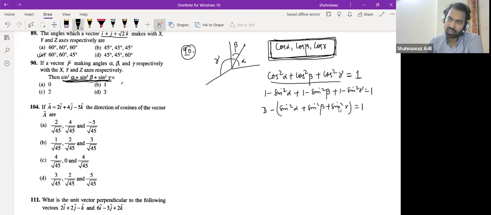So I take this to the right hand side and this to the left hand side. So sine square alpha plus sine square beta plus sine square gamma would be 3 minus 1, which is 2. So this would be the answer.